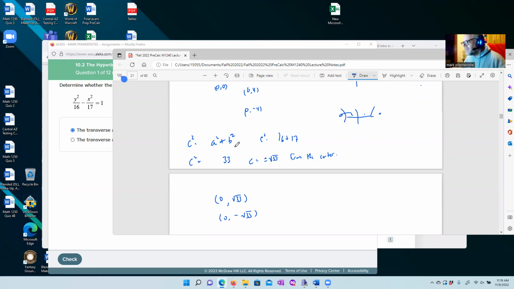I have never needed the foci in the middle of a calculus problem. If they do ask you for the foci and you have to use them in a calculus problem, I'd imagine it's a homework problem where you would be allowed to look this up and get that information so you can solve the problem. It doesn't happen all that often, so when you need it, you can look it up.